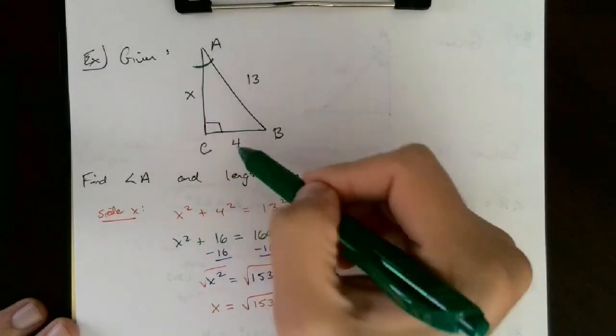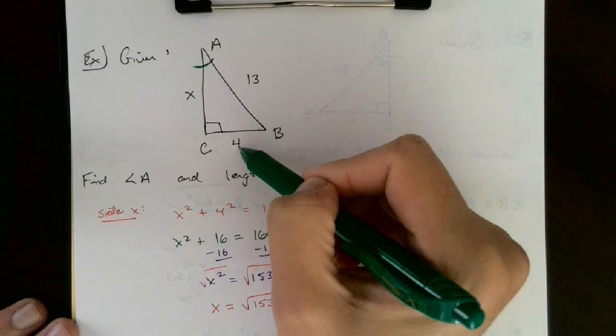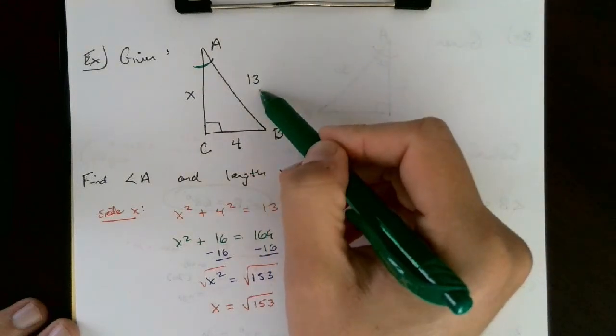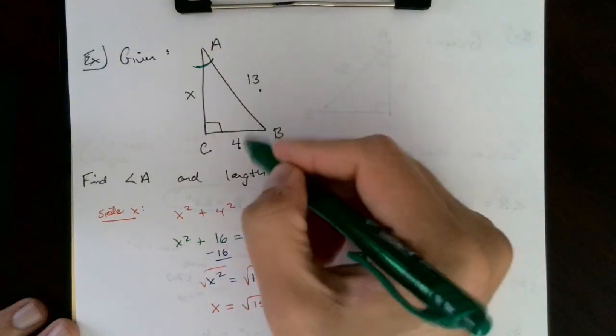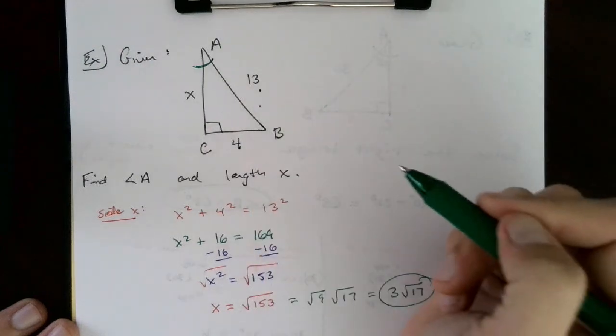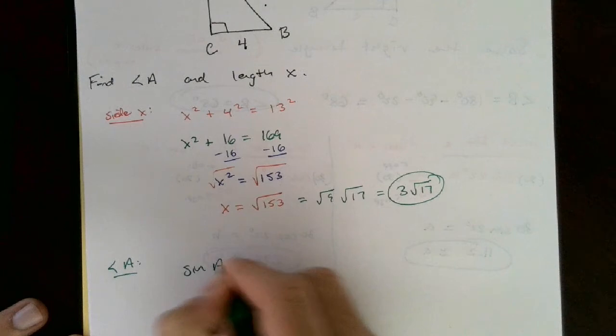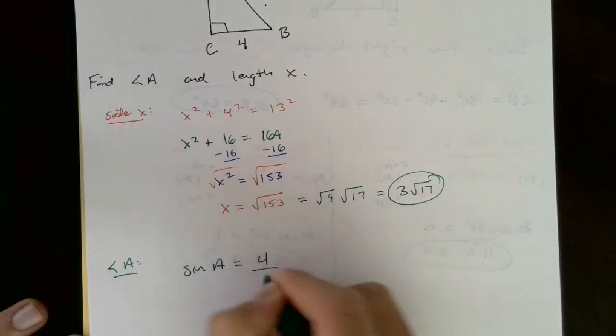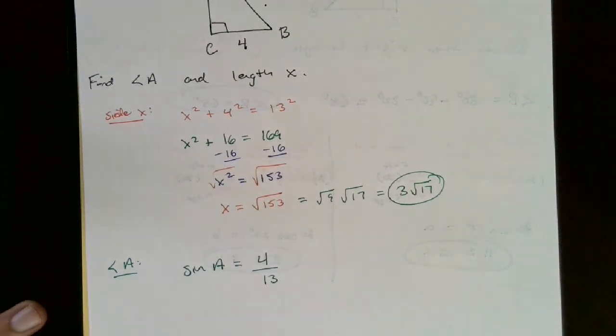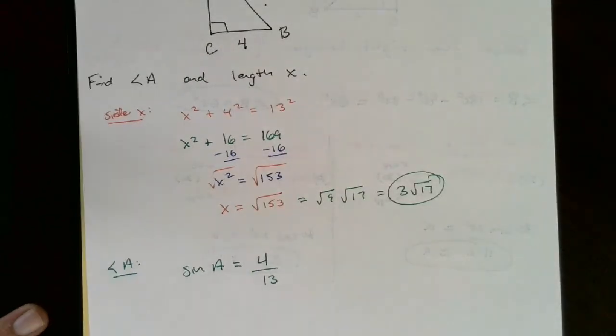From angle A, this side here that I know is the opposite, and the side here that I know is the hypotenuse. So what trig function relates opposite and hypotenuse? Well, that's sine. So really what I know is that the sine of A is equal to 4 over 13. I'm relating the sides I know, and we're trying to find the angle.